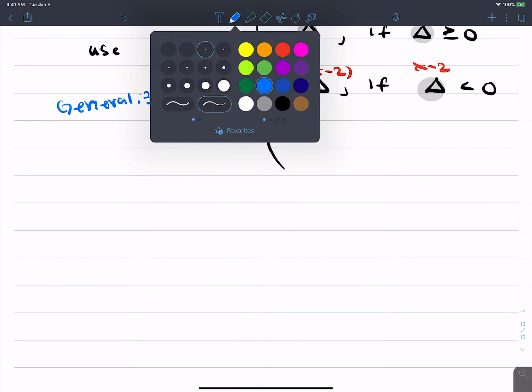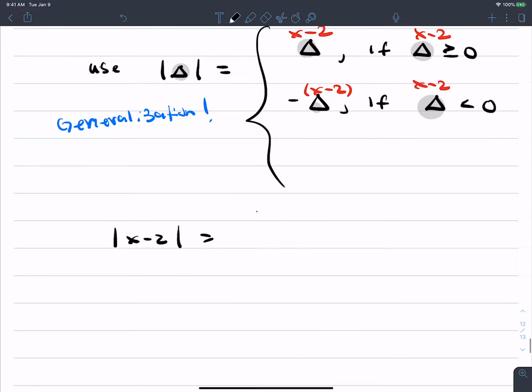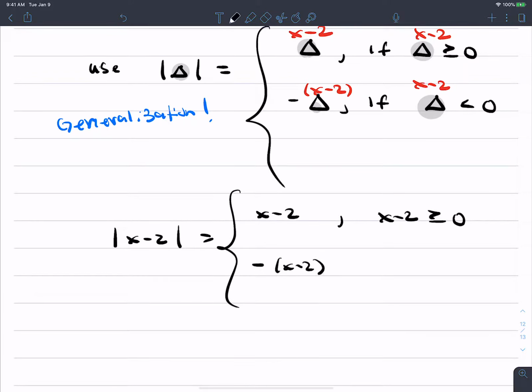So what does that give us? The absolute value of x minus 2 becomes simply x minus 2 if x minus 2 is greater than or equal to 0, right? Piecewise, and its opposite, negative x minus 2, when x minus 2 is less than 0.